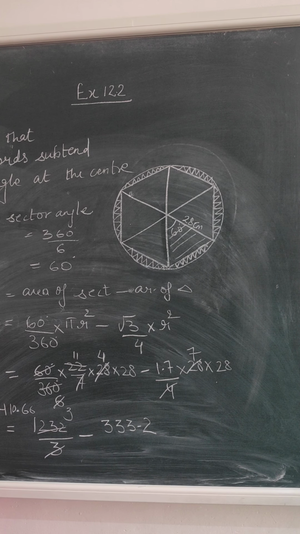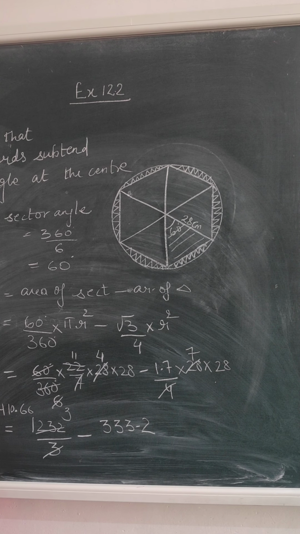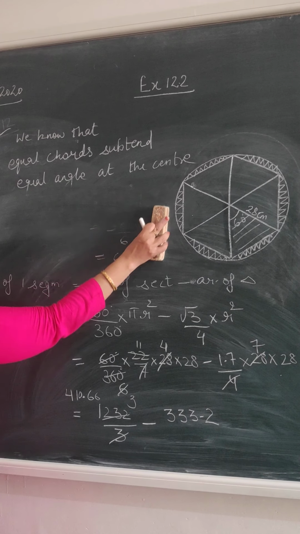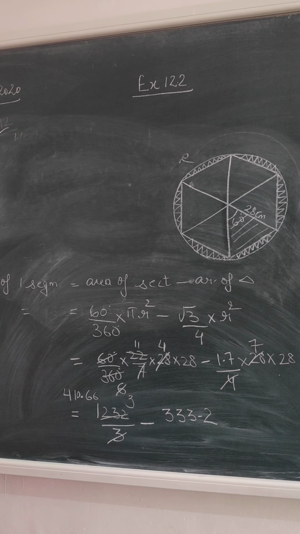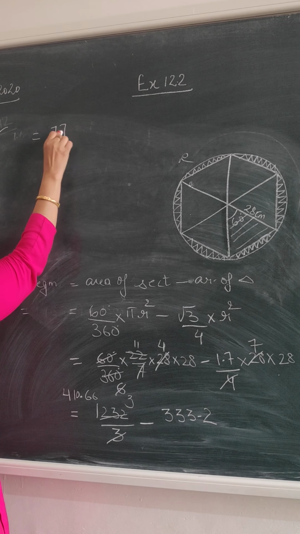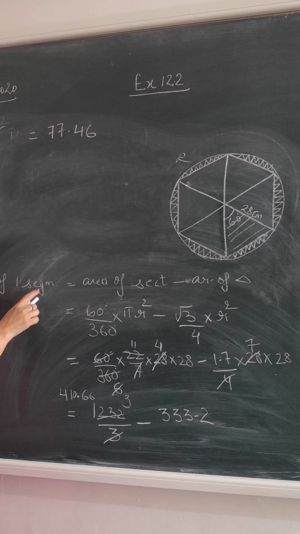So now we have to subtract these two. So we get, I am rubbing the board beta from the upper side. After subtracting we get this as 77.46. Now this is the area of one segment.